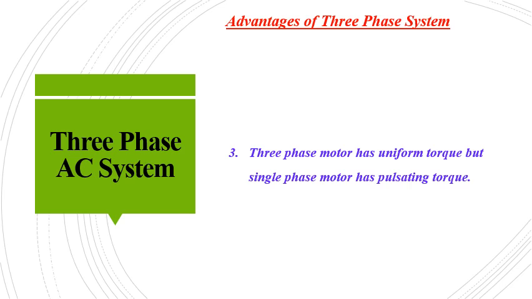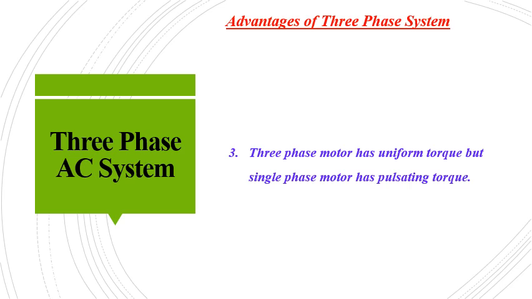The third advantage is regarding three-phase motors. Three-phase motors have a uniform torque. Why? Because the voltage is uniform. If you check the three-phase supply voltage, at any instant of time, the voltage in one of the phases will be at a peak value.